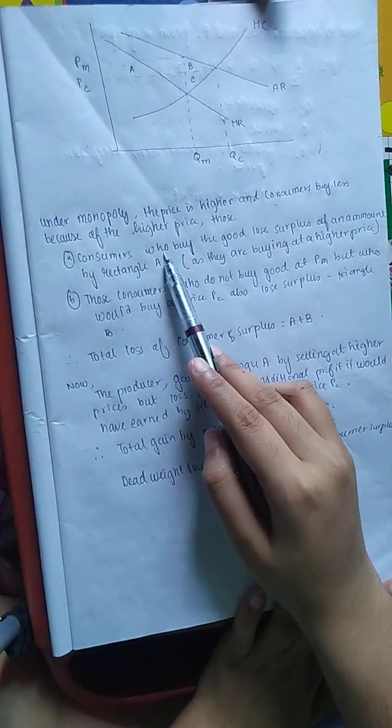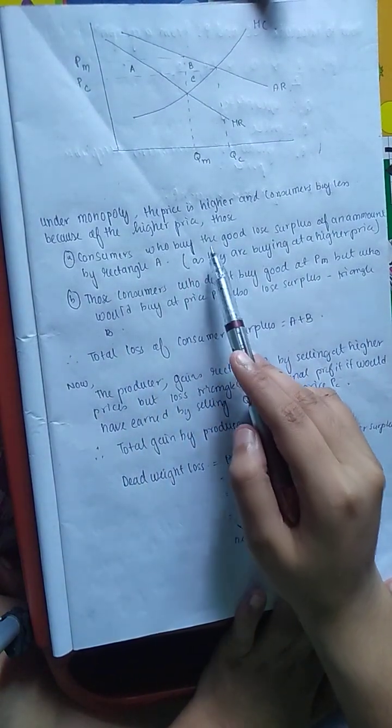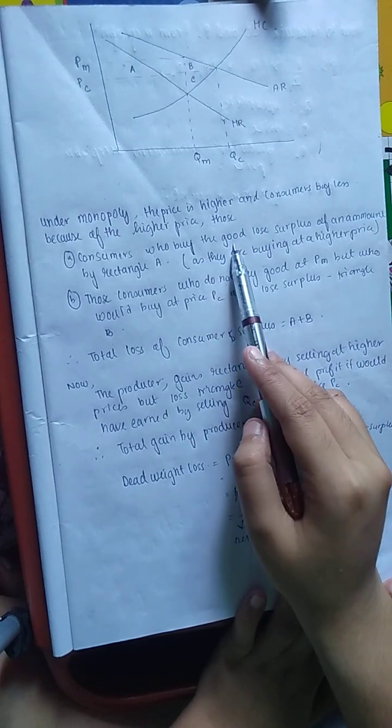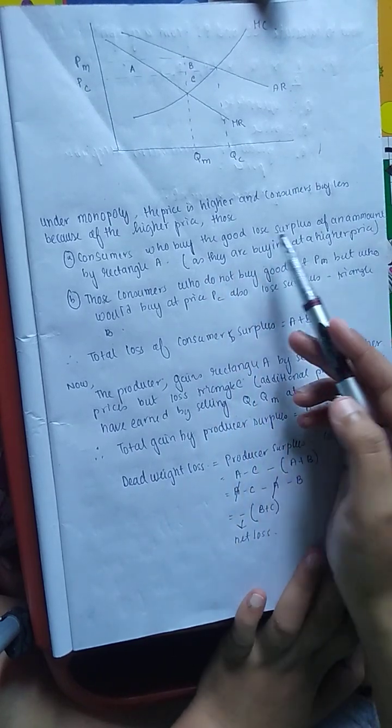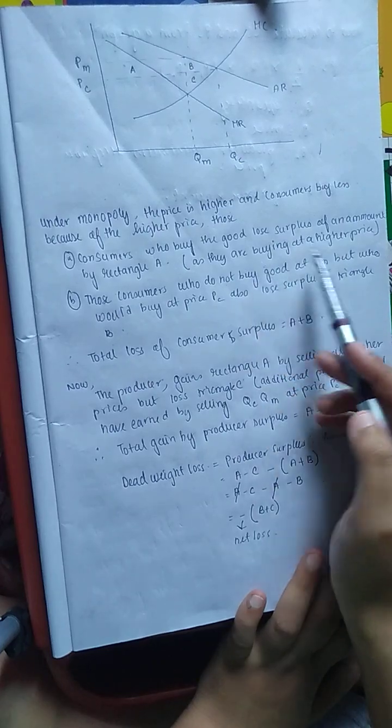That means the consumers who are buying the good at the price charged by the monopolist are losing surplus because they have to buy the product at a higher price.